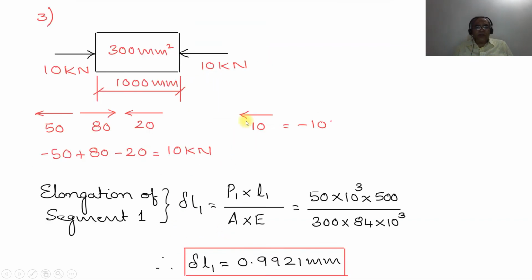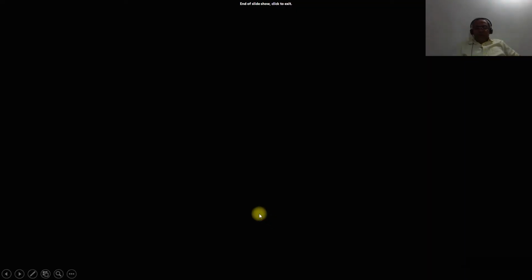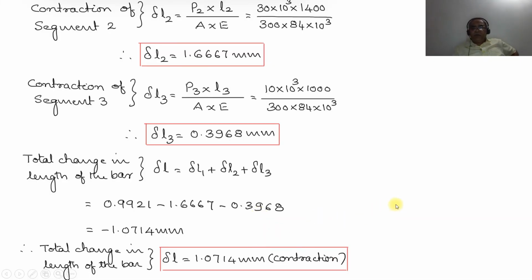Delta L3 also has a compressive force, so naturally it will be minus 0.3968 mm. On simplification, since the negative value is larger, the total change in the length of the bar, delta L, will be minus 1.0714 mm. Since it is negative, it will be compression or contraction. So this is how you will be able to solve this particular problem. Thank you.